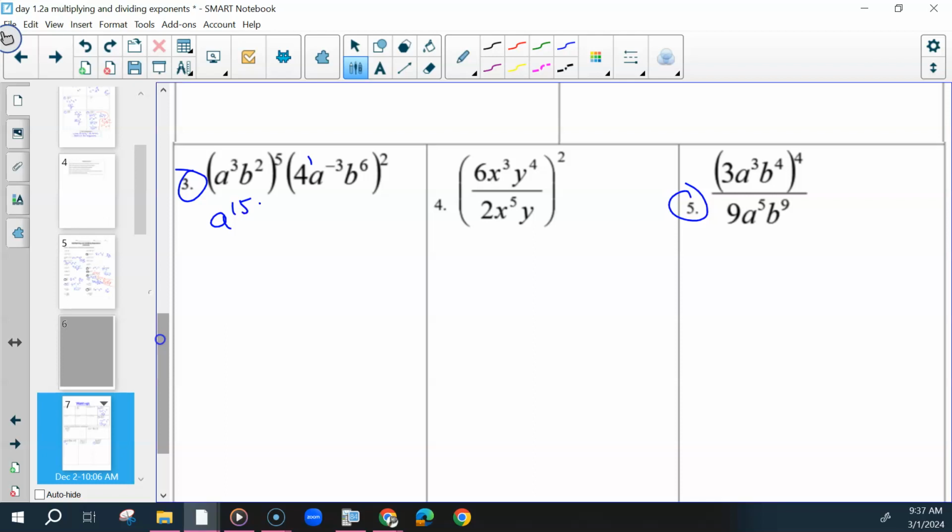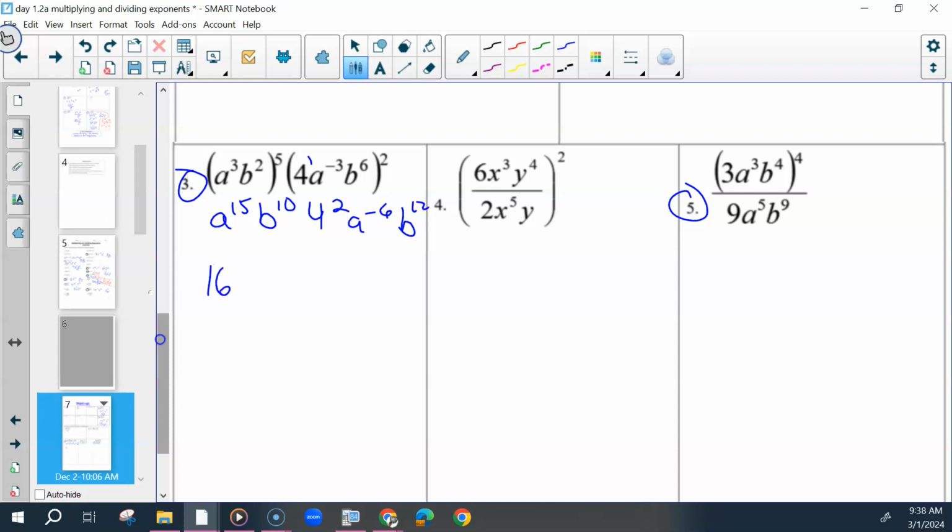A to the 15, B to the 10, 4 to the second, A to the negative 6, B to the 12. Now that we have like bases and we're multiplying like bases, we're doing what with the exponents? Adding. You could do this simultaneously, but 4 squared is what? 16.